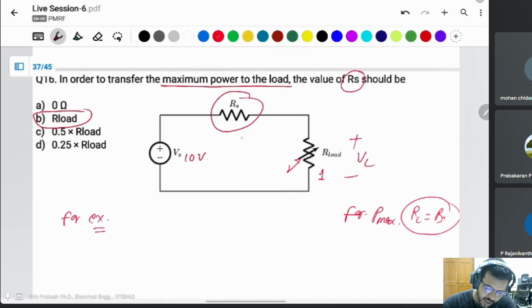So taking this one also here, what is the voltage here? 5 volt. VL is equal to 5 volt, then PL is equal to VL squared divided by RL, which is 25 watt.